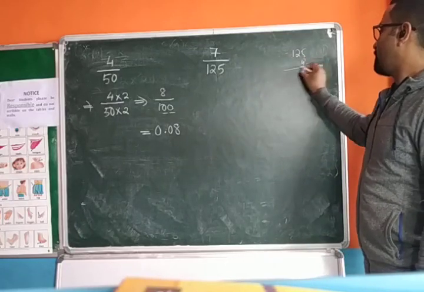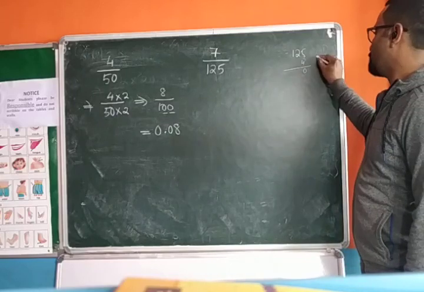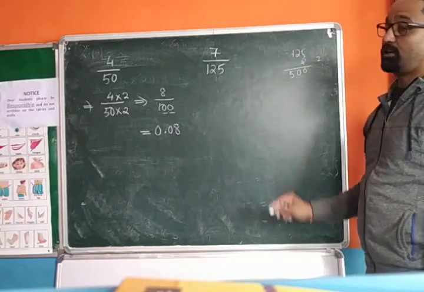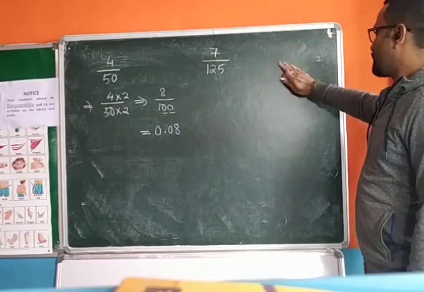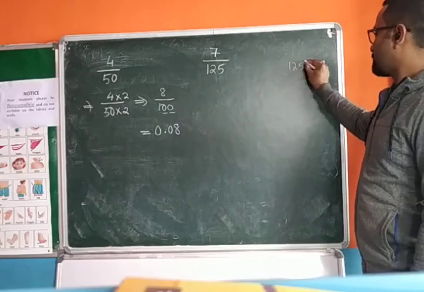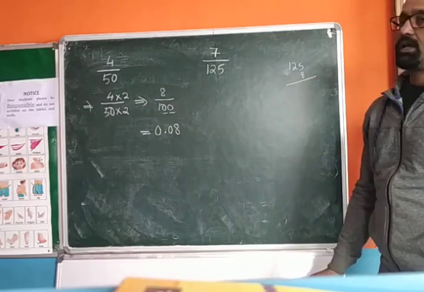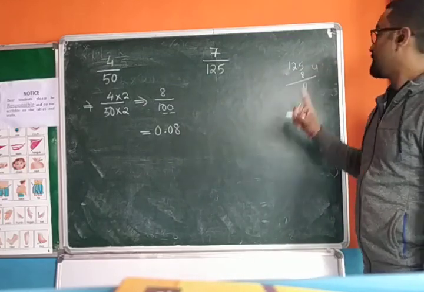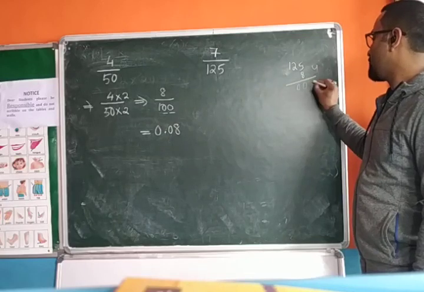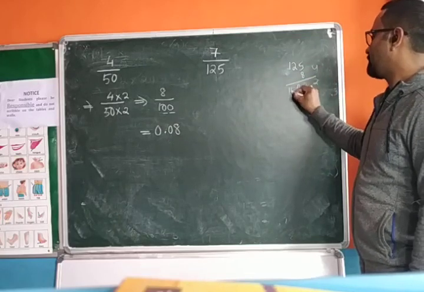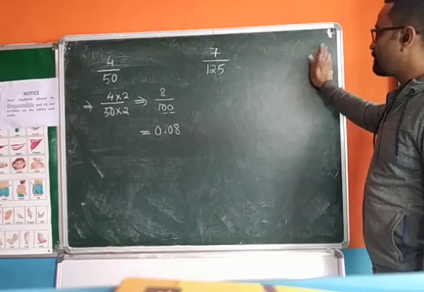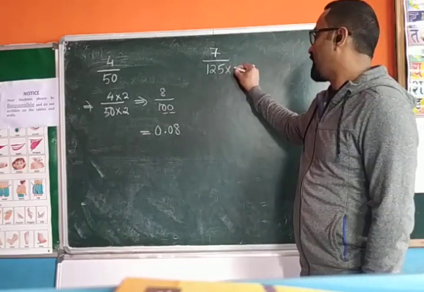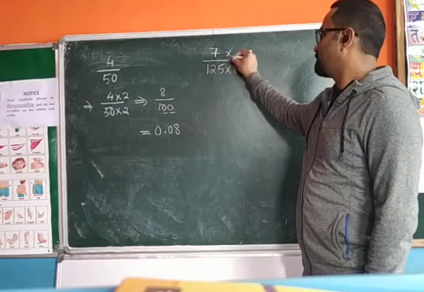Multiply by 4, it does not give you it either. So directly try 8 times. 8 into 5 is 40, 8 into 2 is 16, 16 plus 4 is 20, 8 into 1 is 8, 1000. So with what number do we multiply 125 to make it a power of 10? That is 8.